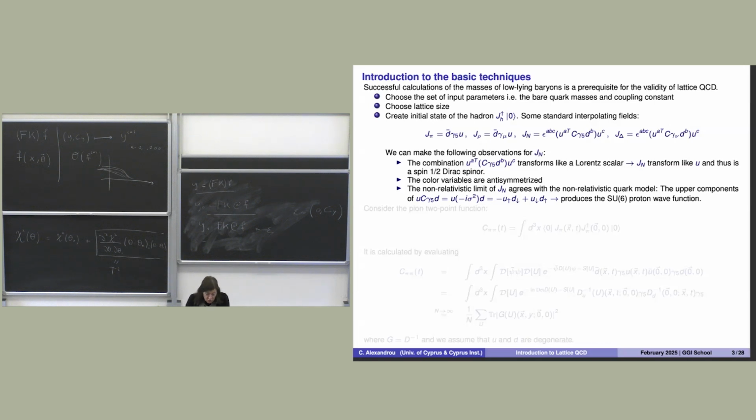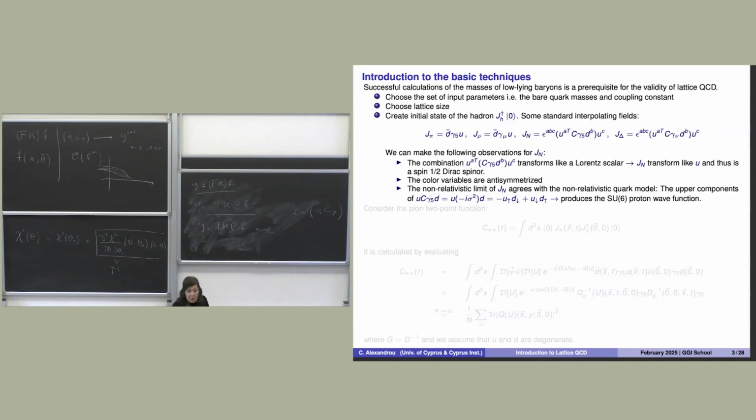These are generic ensembles of gauge configurations, U. We have representative ensembles, like you do in statistical mechanics, representative configurations of your phase space. Here we have representative configurations of the U field, the QCD vacuum if you want. These are generic ensembles which we can use to calculate the observables that we need.